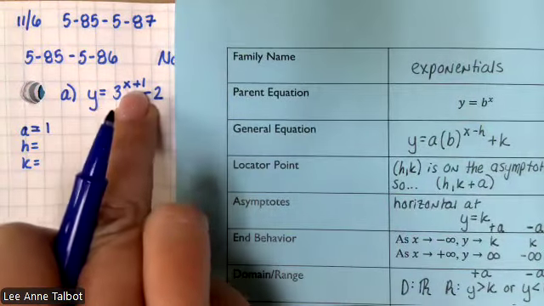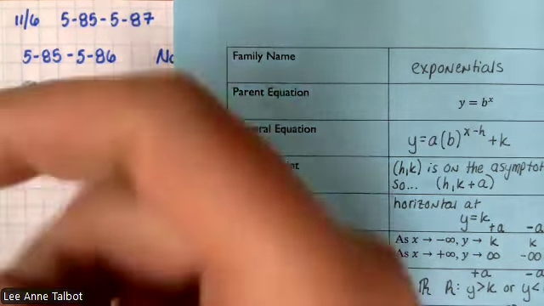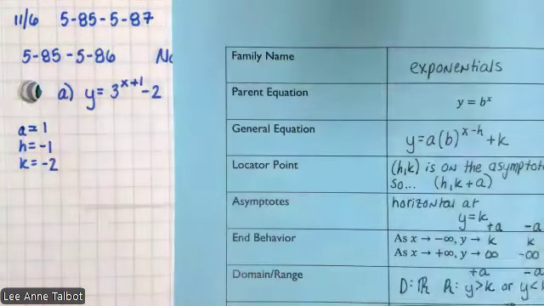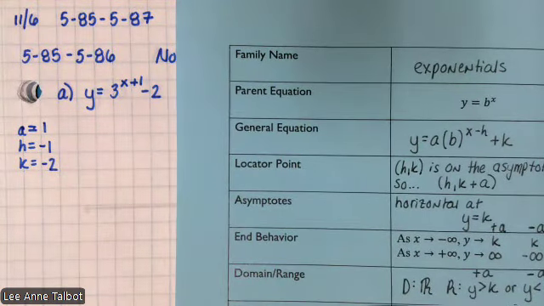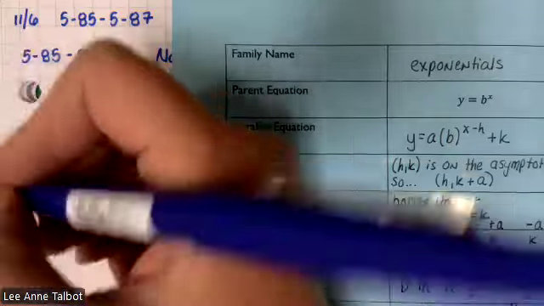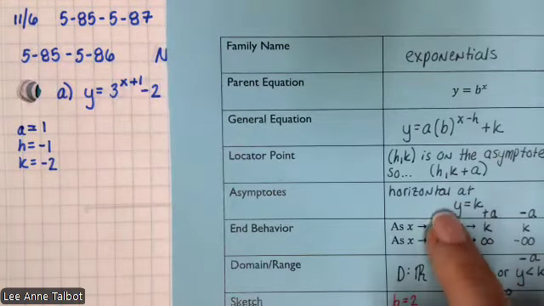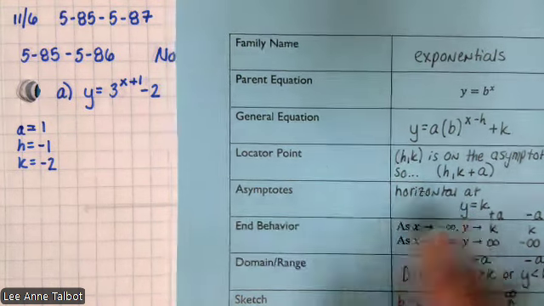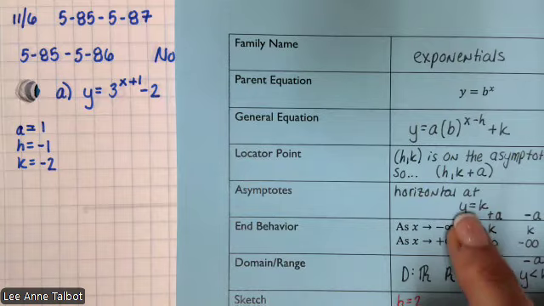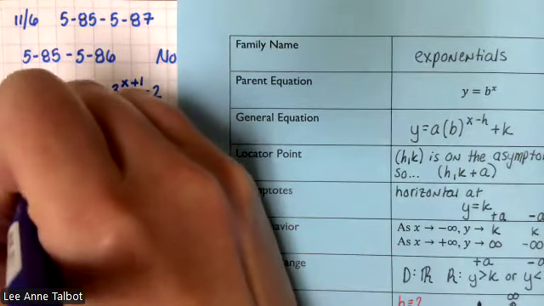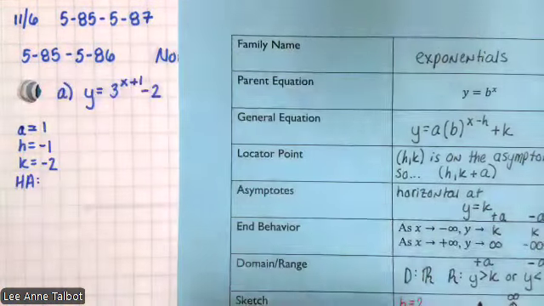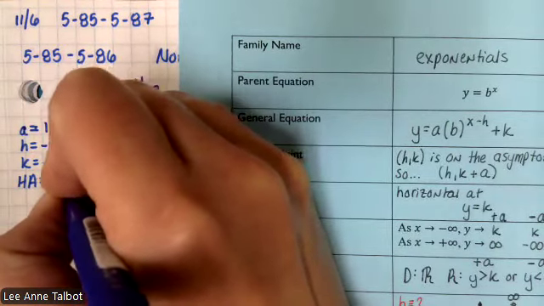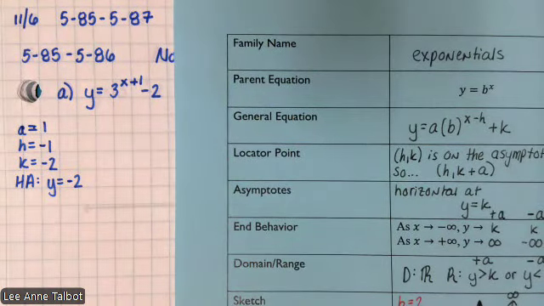H is the opposite sign of whatever's in the exponent, -1, and K is -2. Okay, why is that important? Well, following this, we can use that to find the locator point and the asymptote. So that means that there will be a horizontal asymptote, and I'm going to put HA at y equals K, y equals -2.